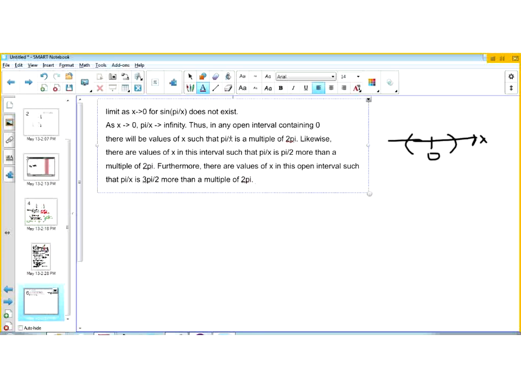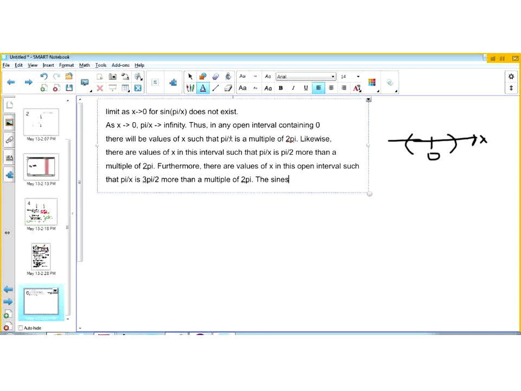All right, and convince yourself. So yeah, I could have 9 pi over 2, 15 pi over 2, or 21 pi over 2. So I can find values of x that generate those kinds of outputs for pi over x.